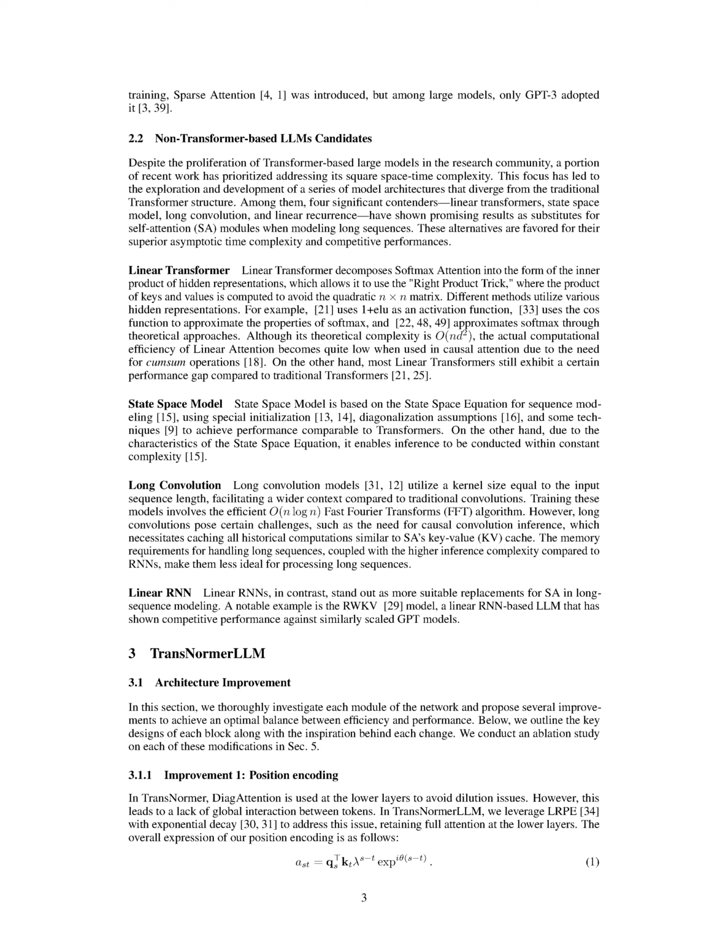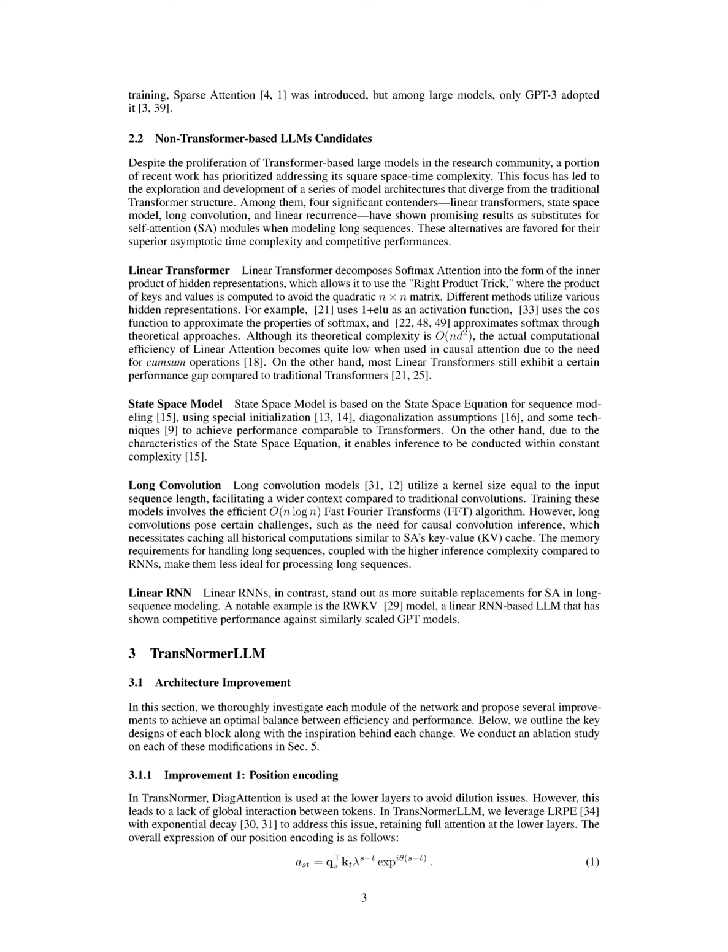Sparse attention was introduced to speed up training, but only GPT-3 adopted it. Additionally, there are alternative non-transformer-based LLMs like linear transformers, state space models, long convolutions, and linear recurrence, which offer superior time complexity and competitive performance compared to traditional transformers. However, these alternatives still have a performance gap compared to traditional transformers.